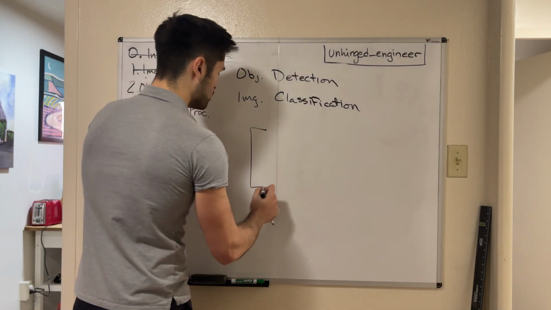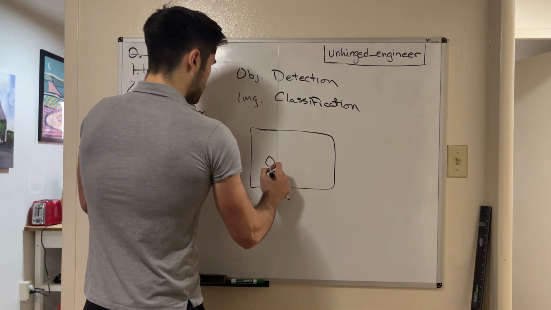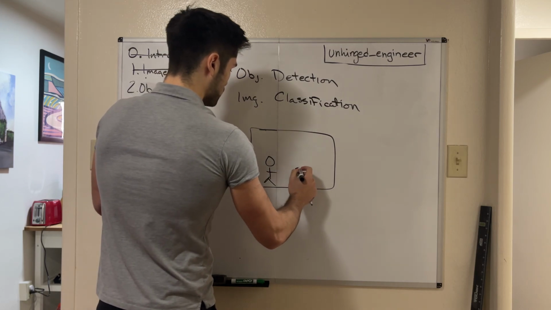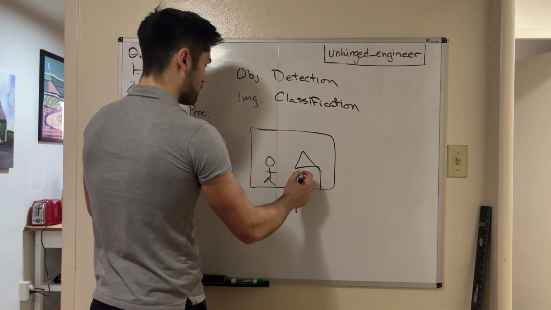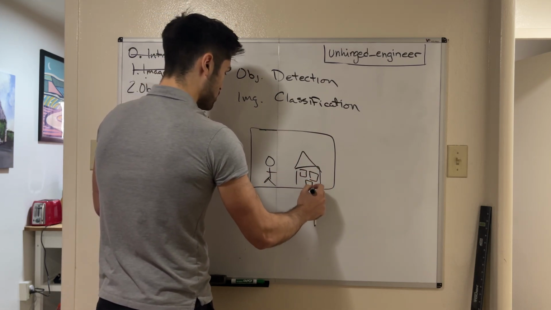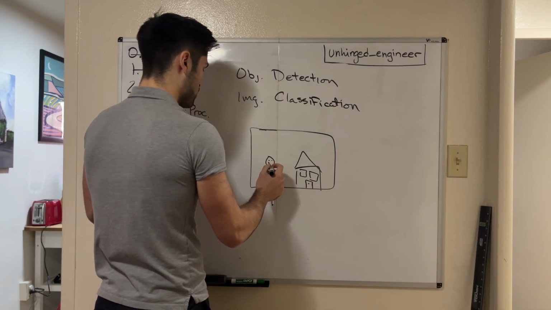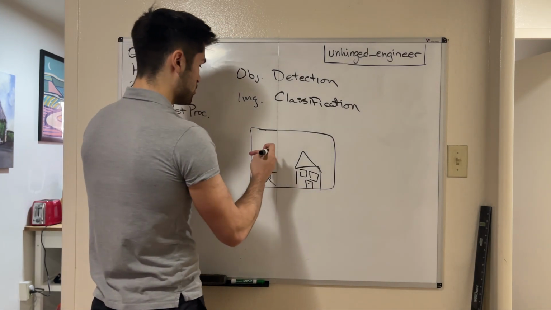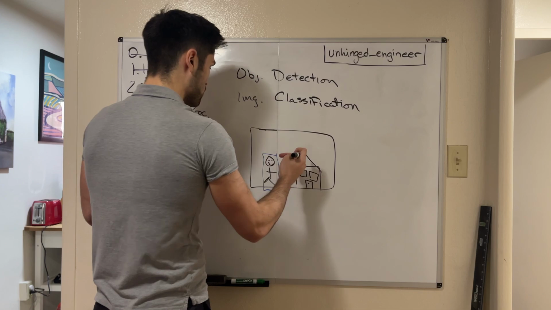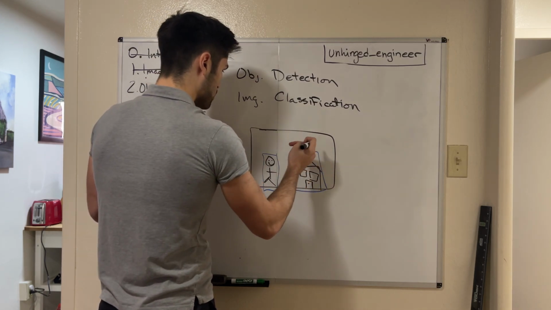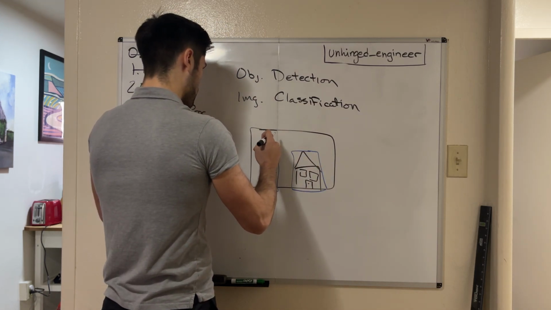Object detection is usually considered the more complicated task between these 2, where basically you have more than one object in the image, and you want to know where those objects are and what they are.